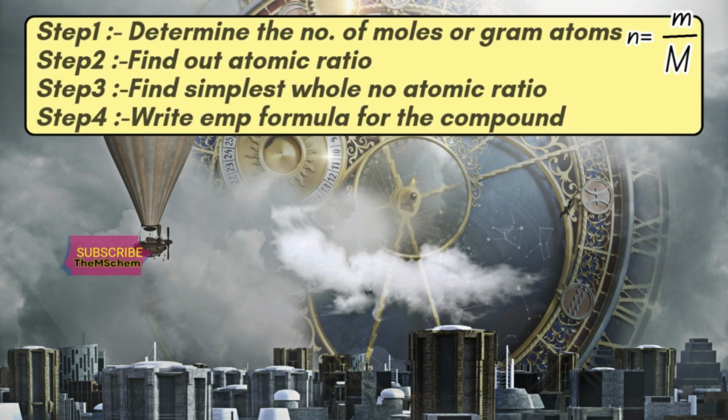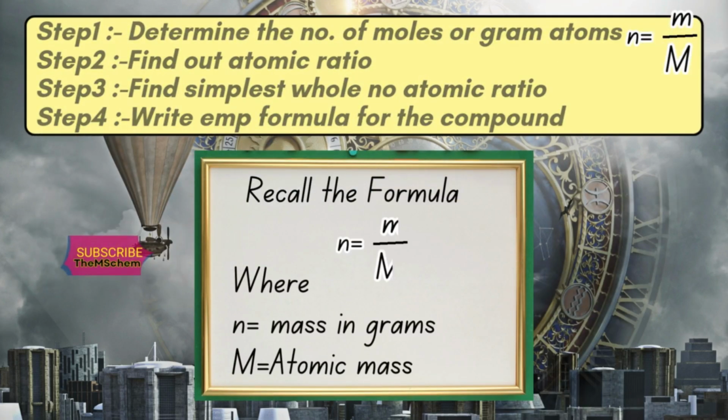When we divide all of the numbers of gram atoms by the smallest value, we have the simplest atomic ratio, and that simplest atomic ratio is actually the empirical formula. So recall the formula n is equal to small m over capital M, and we are going to calculate the number of moles by using the data.